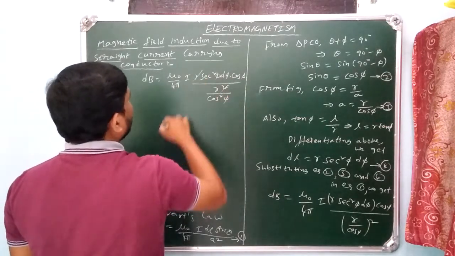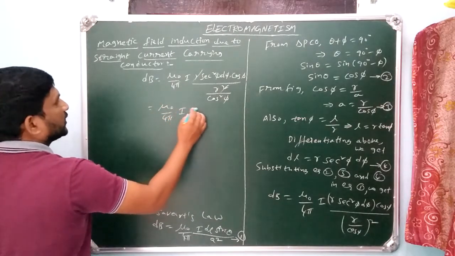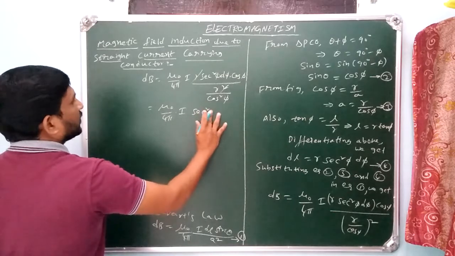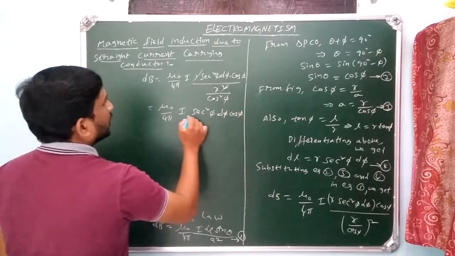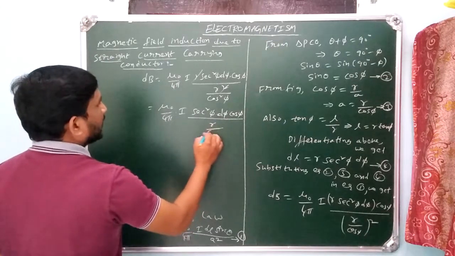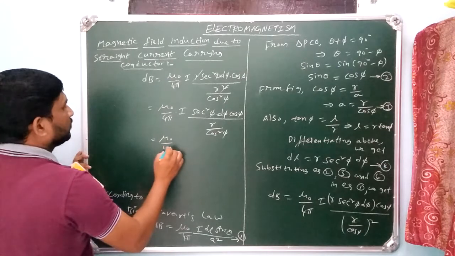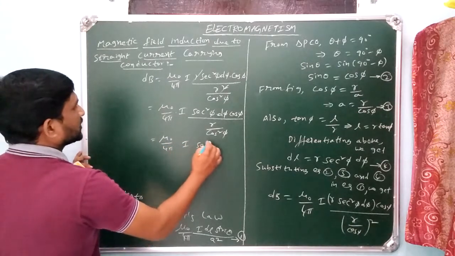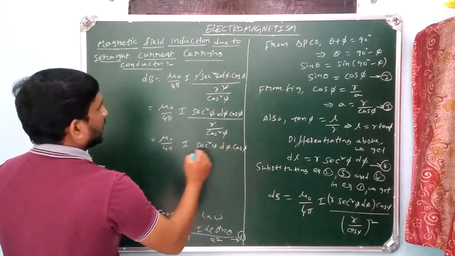R gets cancelled. Then we are getting mu naught by 4 pi into I into secant square phi into d phi into cos phi by r by cos square phi, that is equal to mu naught by 4 pi into I into secant square phi into d phi into cos phi by r.